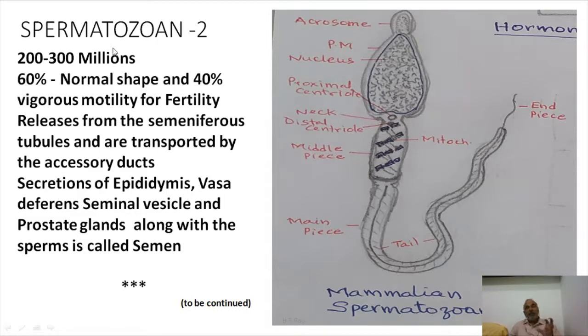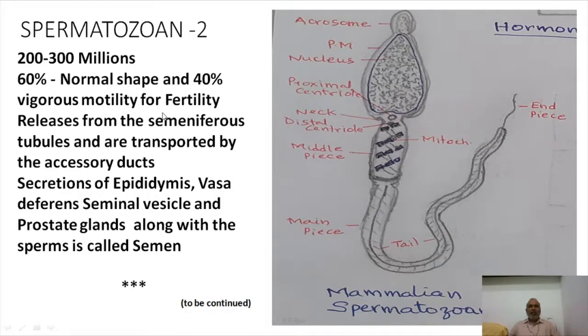But for a person to be said to be a fertile father, out of the 200 to 300 million sperms, at least 60% of the sperms must have a normal shape, head, neck, middle piece, tail, and of that 60%, at least 40% of the sperms must have good, vigorous motility. Only then is such a semen said to be a fertile one. Otherwise, fertilization problems occur. These sperms cannot fertilize the ovum.